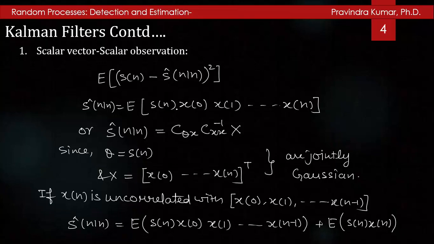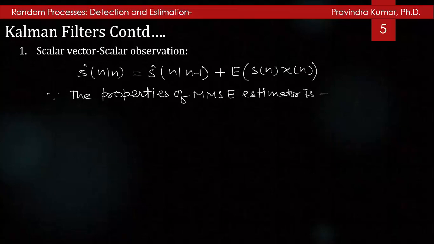If x[n] is uncorrelated with x[0], x[1] to x[n-1], then S cap n given n will be the expected value of S[n] given x[0], x[1] to x[n-1] plus the expected value of S[n] given x[n]. So we can write it as S cap n given n-1 plus the expected value of S[n] given x[n]. And this is the desired sequential form.